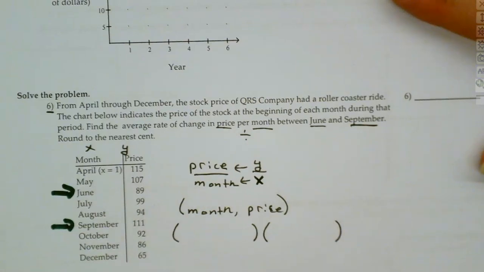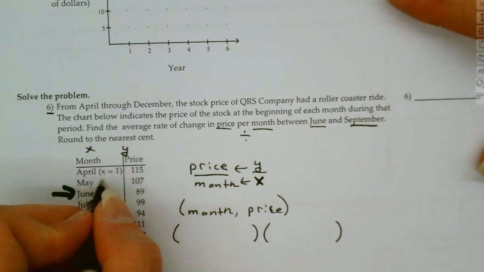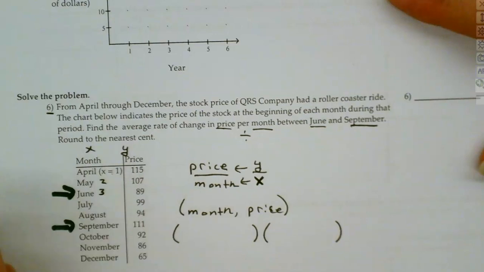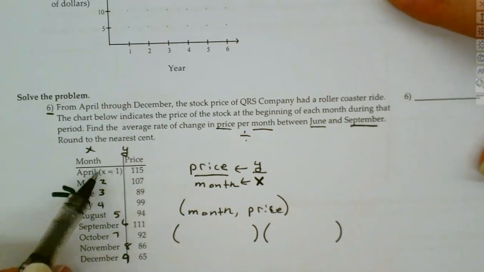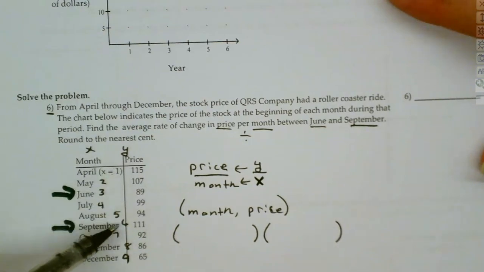Now, watch your months here. It starts at 1, so that goes 2, 3, 4, 5. They want you to label these 6, 7, 8, and 9, and follow this pattern. It starts at 1, and you label it.